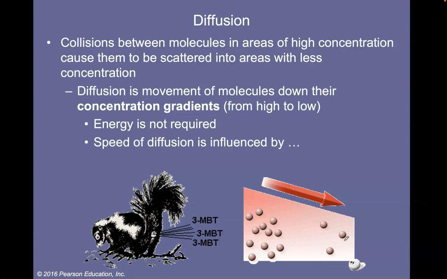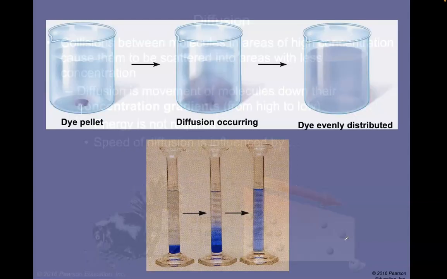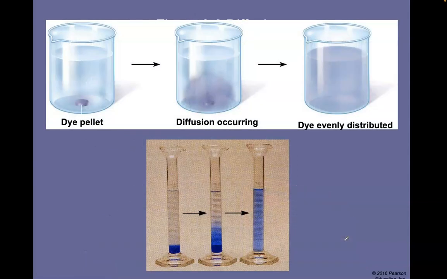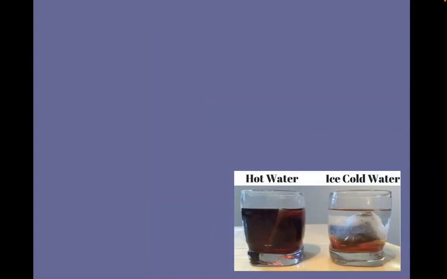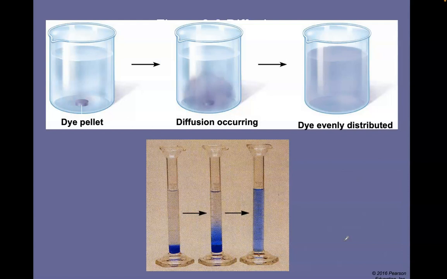Now, the speed or rate of diffusion is influenced by factors described by Fick's law, and I'll go through that in just a minute. I put this up here because you also all intuitively understand diffusion. If you were to put a dye pellet in a beaker of water, you know that eventually the dye will be evenly distributed.